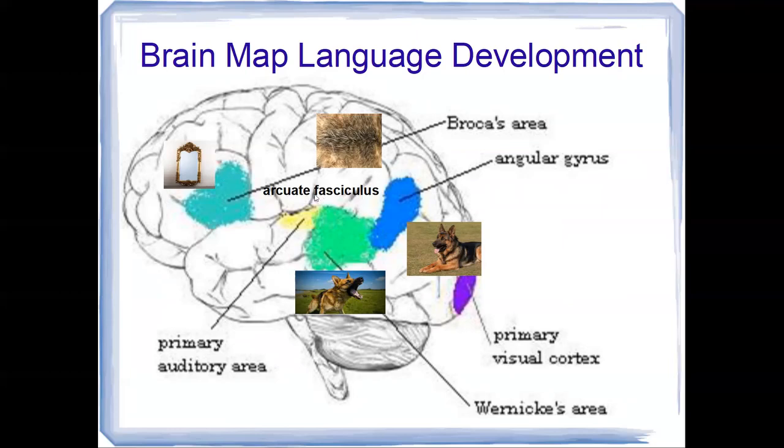And all of these areas are very highly integrated. So Wernicke's area is directly connected to Broca's area via the white matter tract, the arcuate fasciculus.